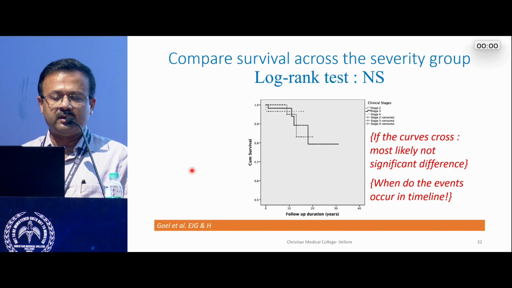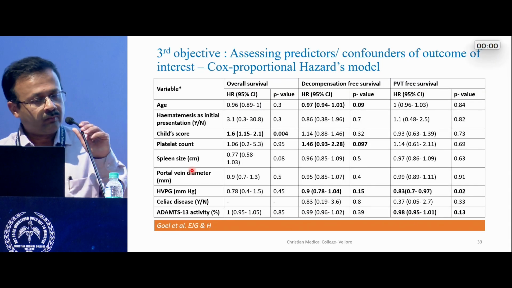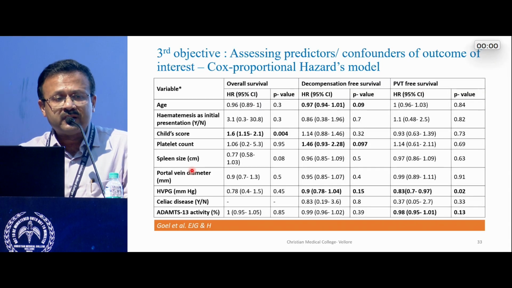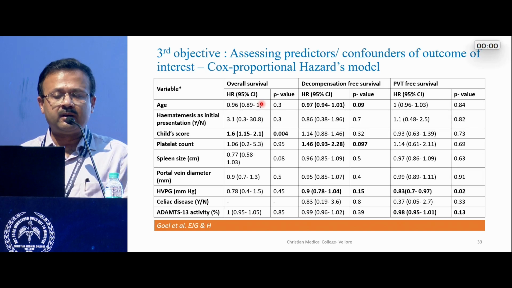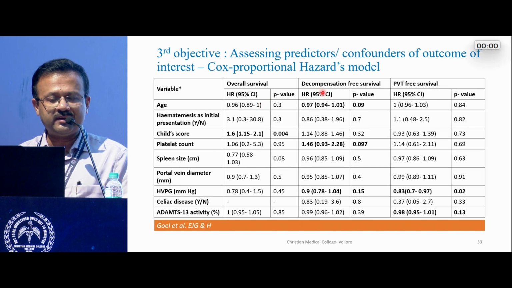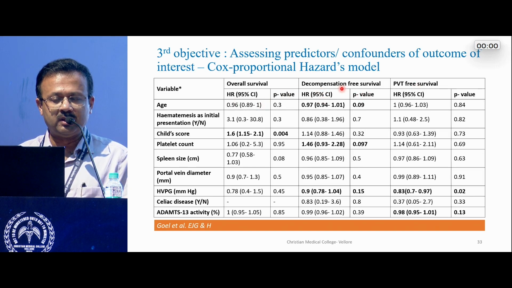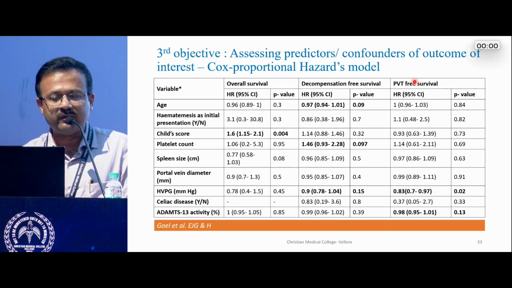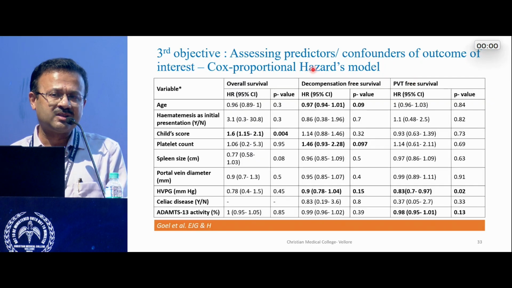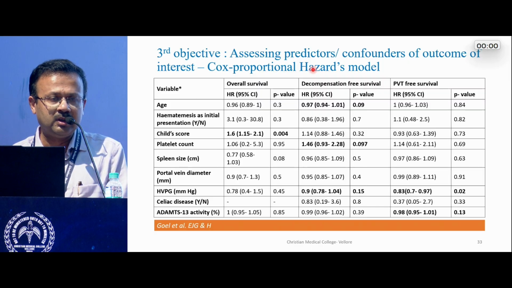Now, the third objective was to compare whether there are any predictors or confounders for the outcome of interest, and we looked at overall survival, decompensation-free survival, and portal vein thrombosis-free survival. The test to use is the Cox proportional hazards model. I'm not going to detail it, I'm not qualified for that.